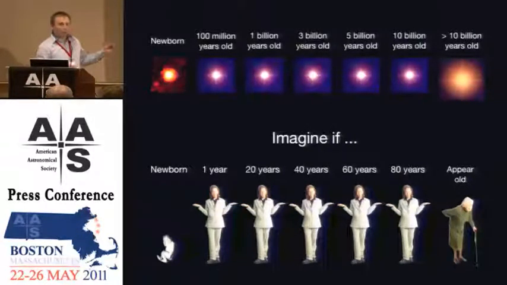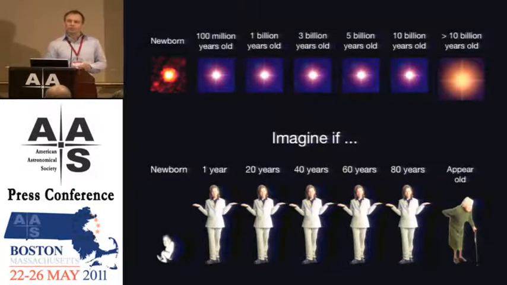Let's imagine that we were born small babies, as we are, but on our 1-year birthday, we looked like an adult, and we stayed looking the same through our 20s and 40s and 60s, all the way up to 80 years old. And then all of a sudden, we appear old, like the stars. In that case, you couldn't just walk down the street and look at someone and guess their age. You would actually have to ask for their birth certificate. Right?